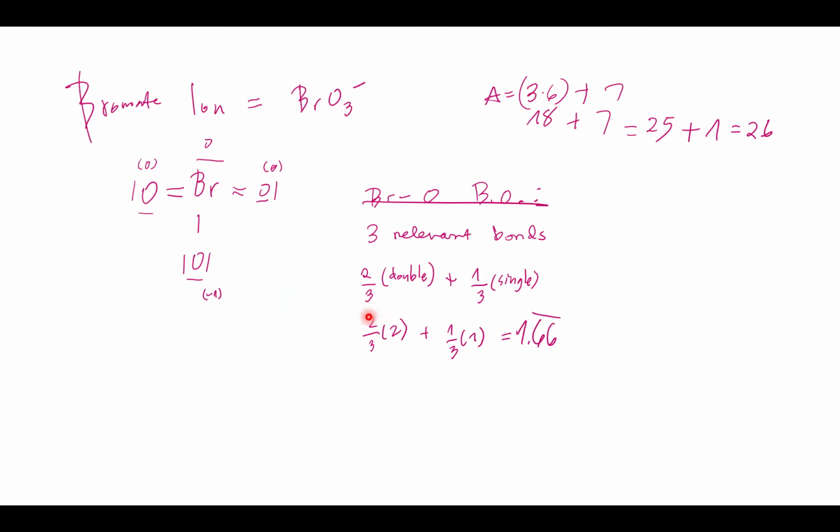So it will be 2/3 times 2 plus 1/3 times 1. It's 1.66666, right? So that's the bond order of Br–O, not N–O, for a bromate ion.